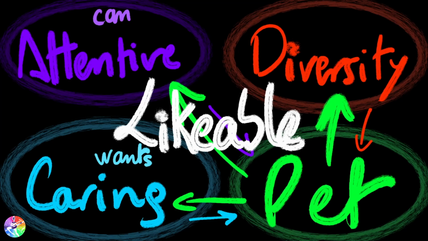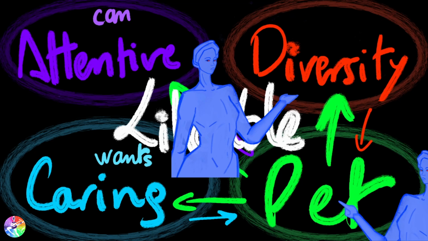The third way to make a likable antagonist is to give her a pet. Now, what does a pet imply for her and in her relationship with others? To some degree, if you've got a pet, you're looking for a certain degree of diversity in your team or in your entourage.